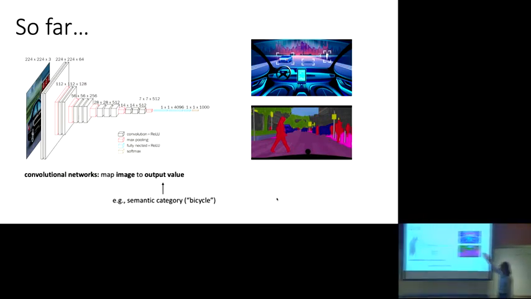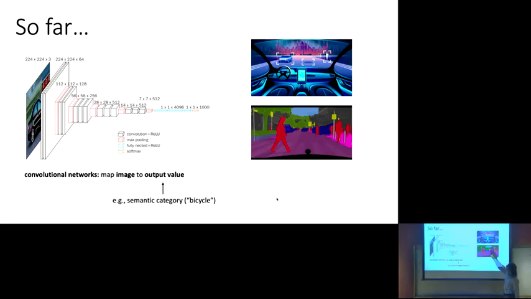Here's a problem from, how do you want your self-driving car to look? Do you want your self-driving car to look at the scene through its cameras and say, person, cat, dog, tree? No. You want it to have a spatial awareness. So you would like something that's closer to this.